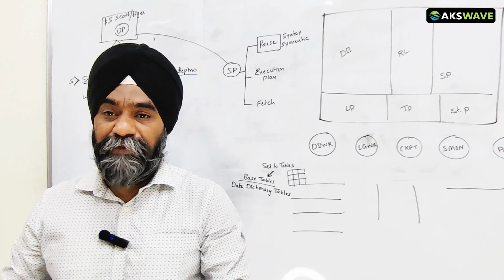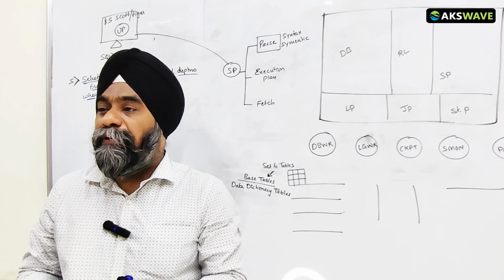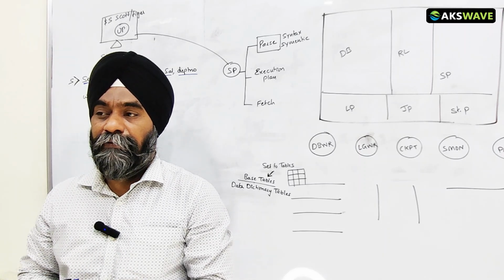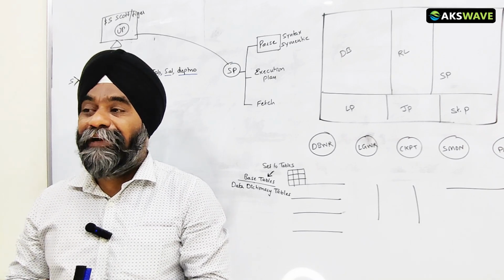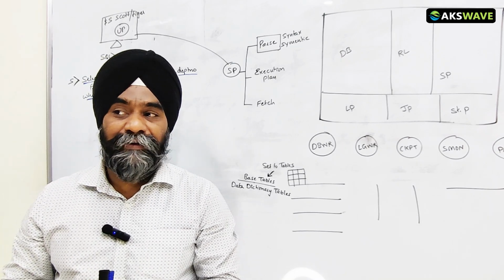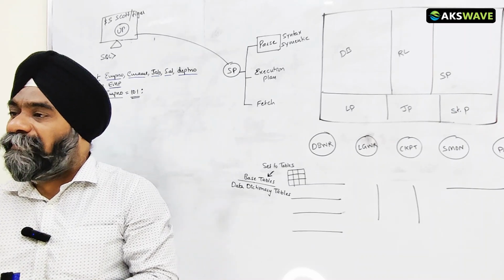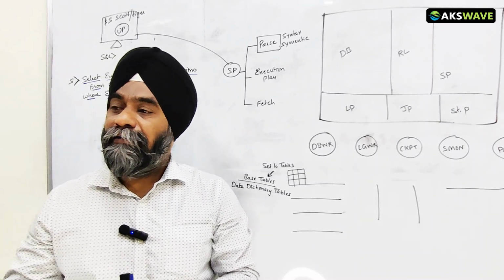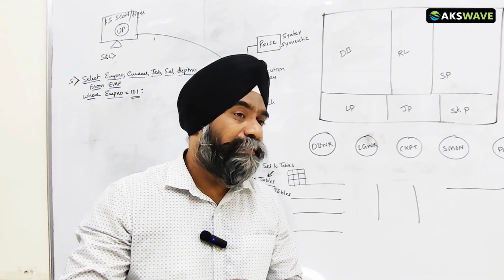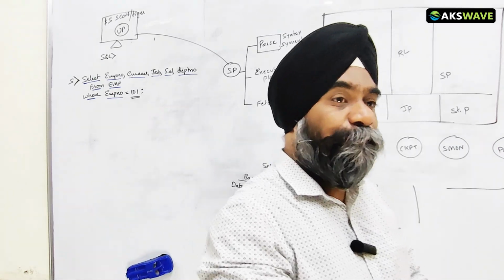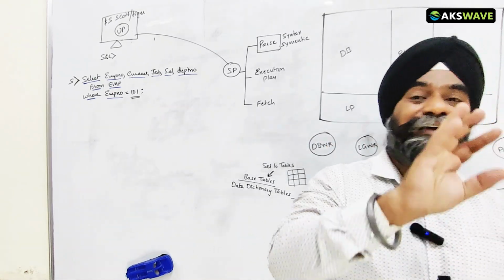All this information, correct? What do we call this information now? It is called metadata. Correct? What is metadata? Data about data. Information about your data is called metadata.